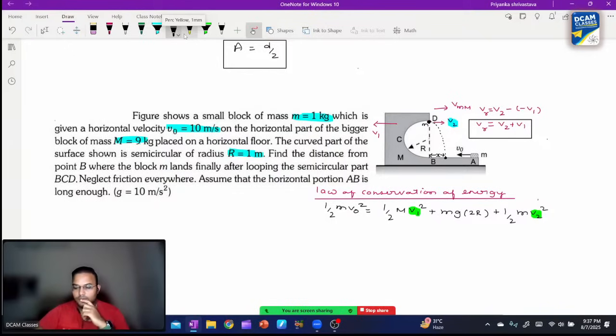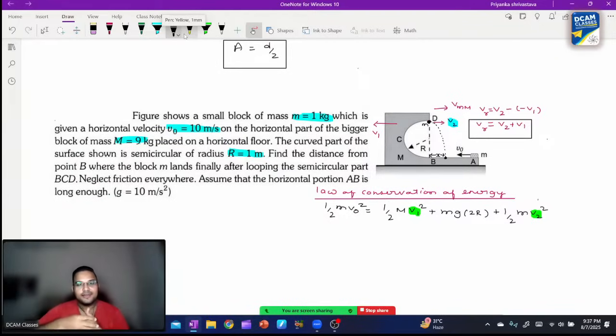But here they haven't mentioned to consider the curved path as moving. Yes, sir, it is not moving, only the block is moving. It's placed on a horizontal floor. They both are moving. No, sir, they've not given in the question that the block also moves.